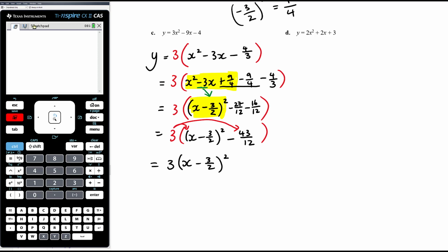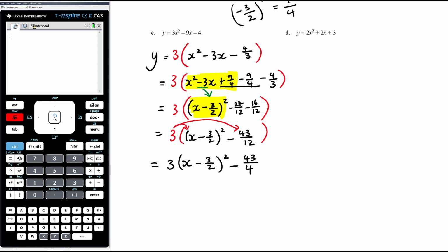I want to recognize that if I've got any number divided by 12 and I times it by 3, the 3 will cancel down with the 12 to make the denominator 4. So it's going to be 43 on 4. I'm not going to work out what 43 times 3 is because I don't need to. Sorry, 43 on 4.